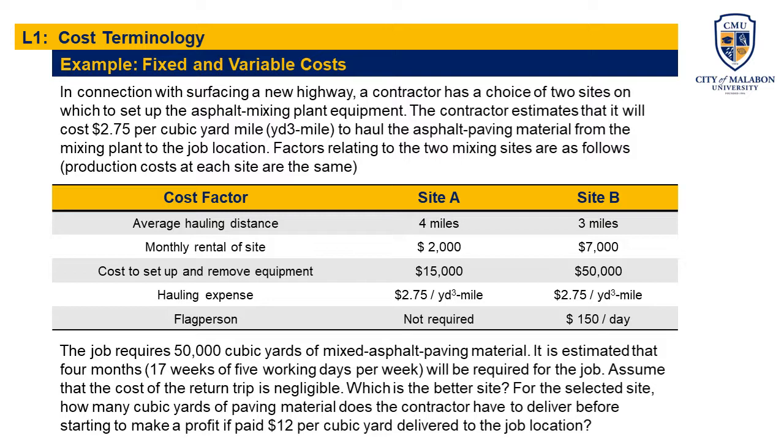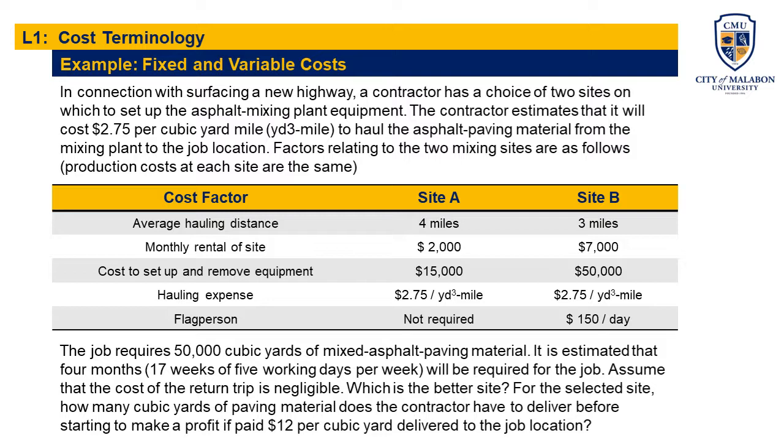The hauling expense for site A, this is for a cubic yard mile, is $2.75 per cubic yard mile of hauling, whereas for site B, it is also $2.75 per cubic yard mile of hauling expense.